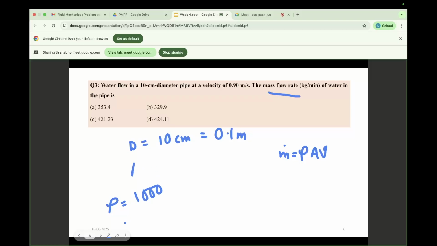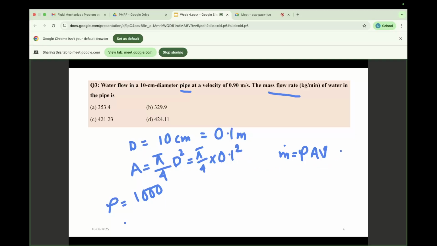The diameter is given, so I can find the area, as it is a tube, a pipe. The cross-section area is pi by 4 d square, that means pi by 4 into 0.1 square.